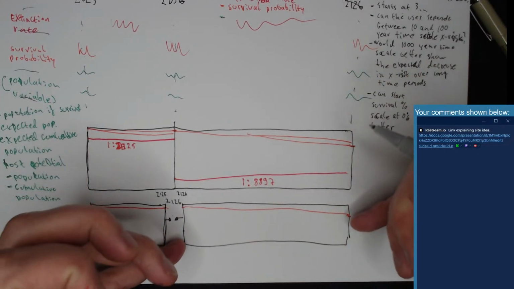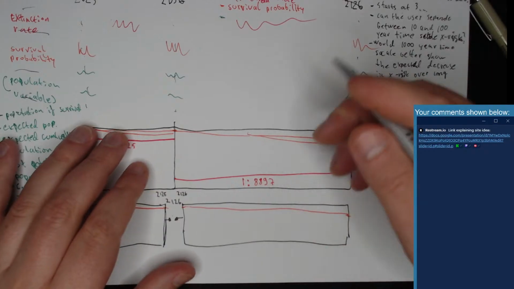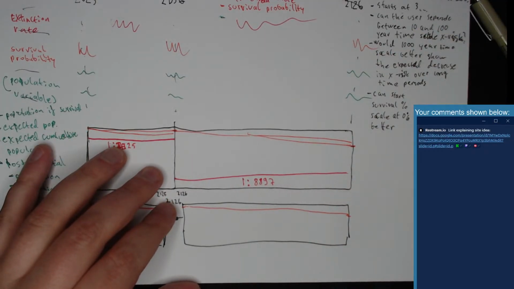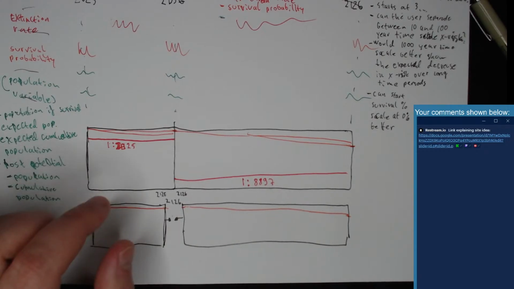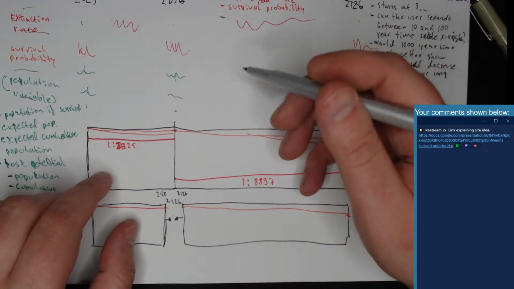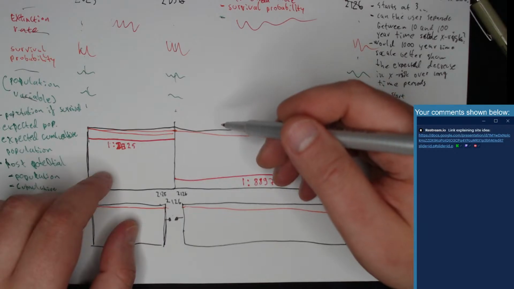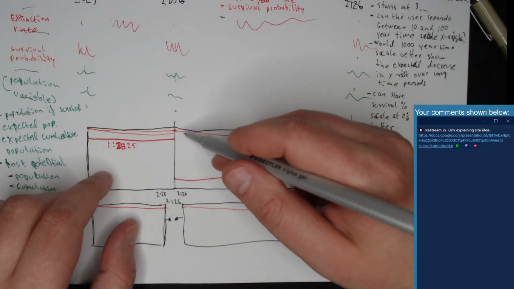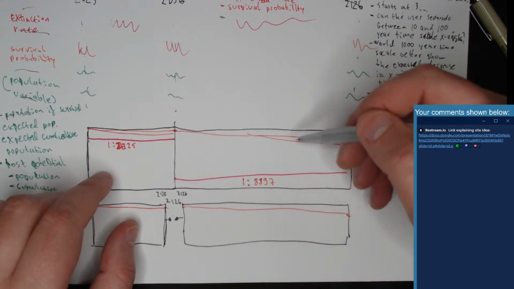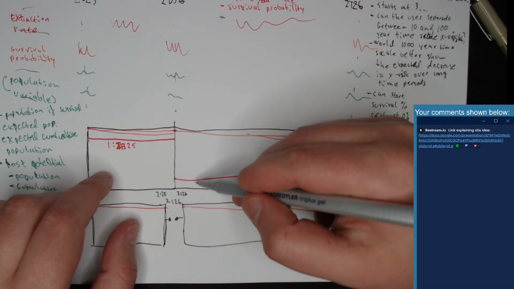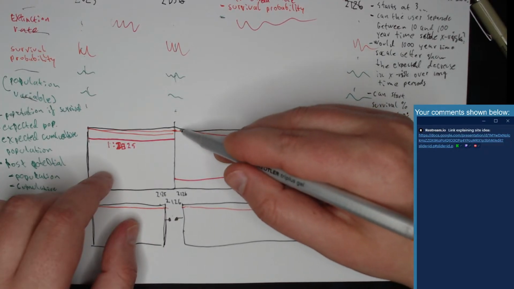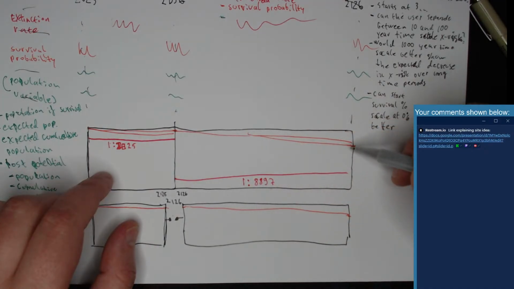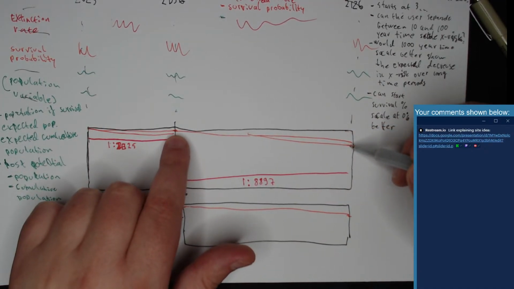Because it would be a lot easier to have them in the same picture if I just use a logarithm, if I state that this is a logarithmic time scale. I think I had it at some point, but then it gets very tricky with the survival probability. If you have a constant extinction risk, then it doesn't translate if you have a logarithmic time scale.